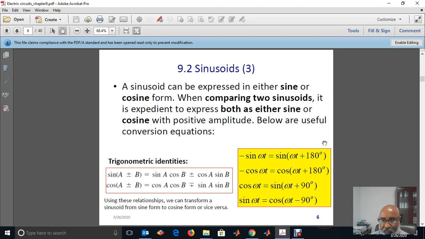We use these trigonometric identities to change, for example, from sine form to cosine form or from cosine form to sine form. For example, minus sine omega t can be written as sine(omega t plus 180 degrees). Minus cos omega t is cos(omega t plus 180 degrees), and so on.